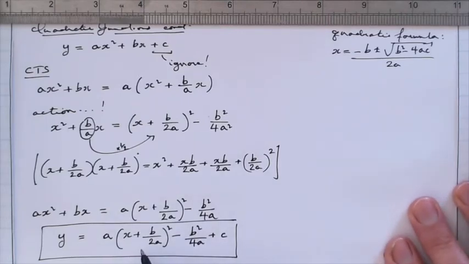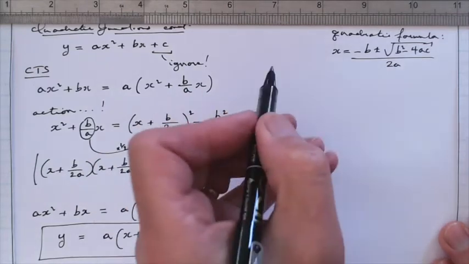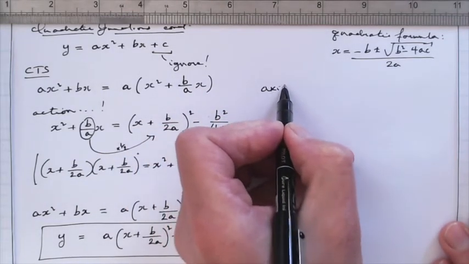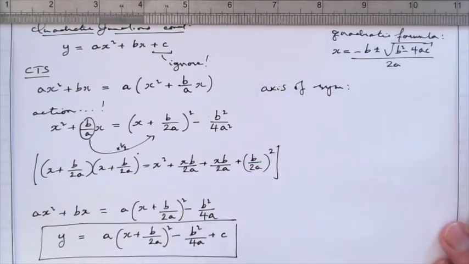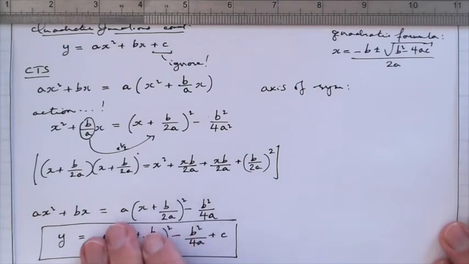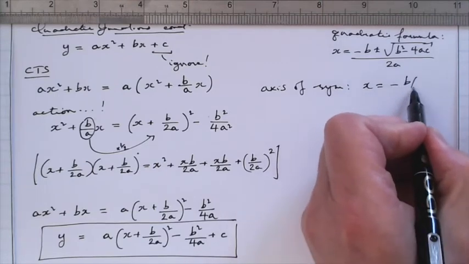So we can read off the turning point of the quadratic function straight away, because that will occur on this axis of symmetry when this vanishes. So the axis of symmetry will be when this thing vanishes, and that's when x equals negative b over 2a.